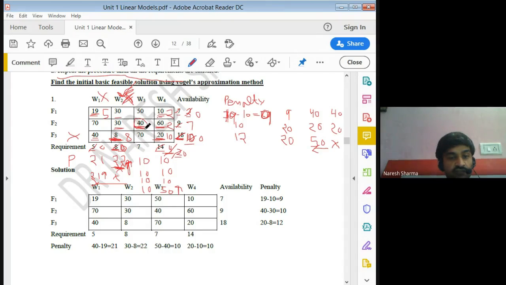So we check the corresponding requirement is 7, corresponding availability is 7. So we write 7 here. Now all requirements and availability become 0. So this is the complete allocation we have done.